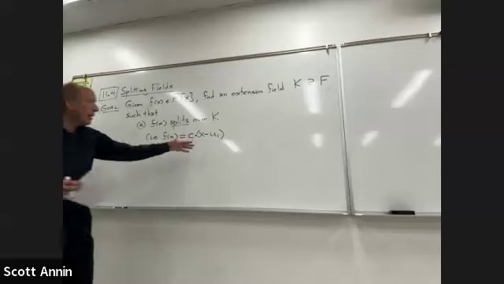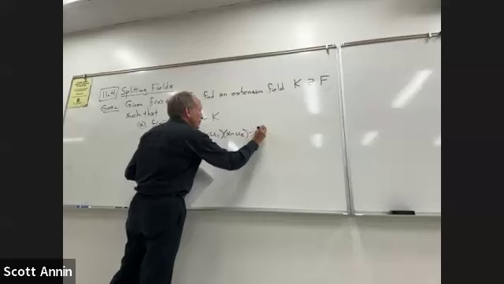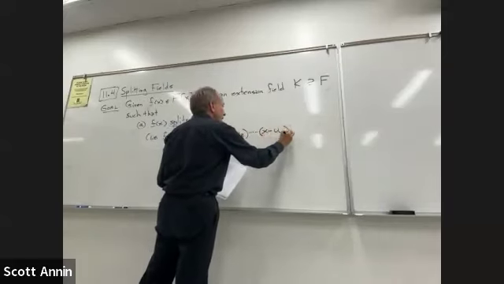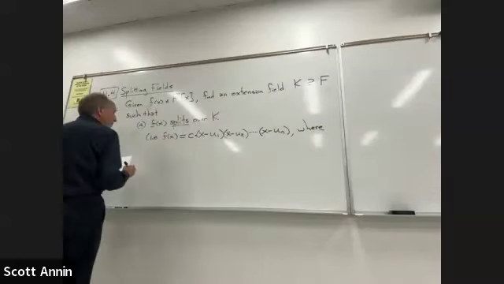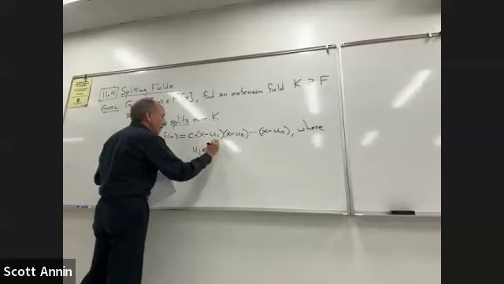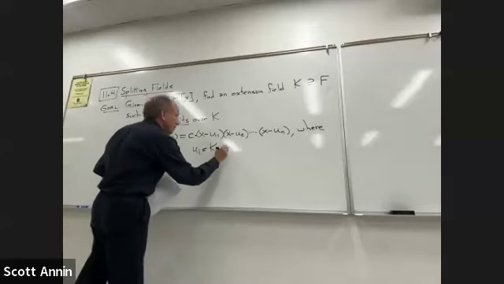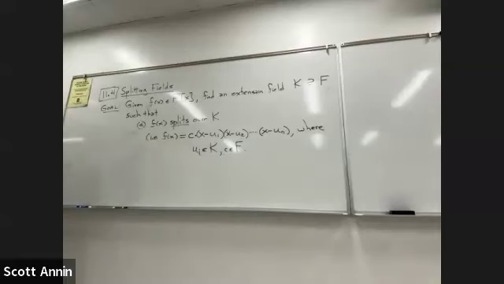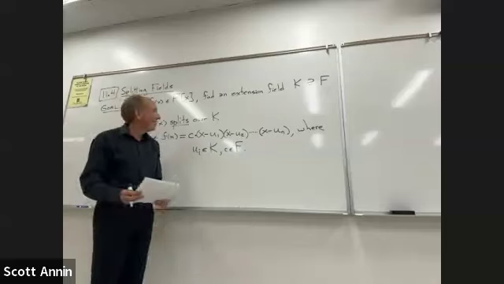So we might have x minus u1 times x minus u2, and so on, and the last one might be x minus un, where all of these u sub i's are elements of K, and c is from the base field F. The point is that the roots are in this extension field K.